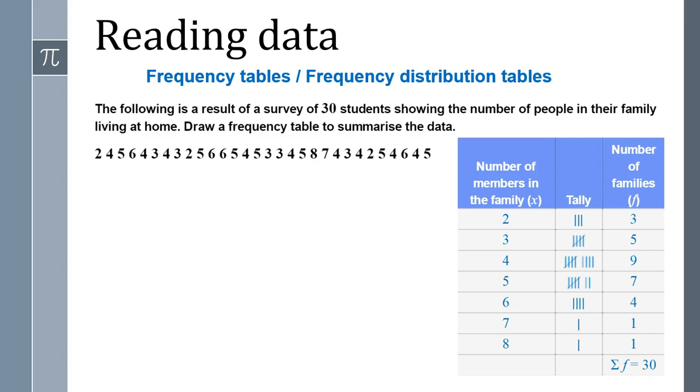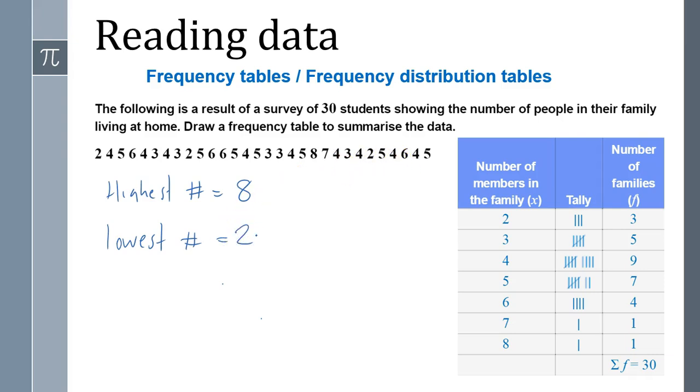But the first thing that I check is the highest number, which in this case is, I can see a 7, I can see an 8, so 8 is the highest, and the lowest number, which is 2.